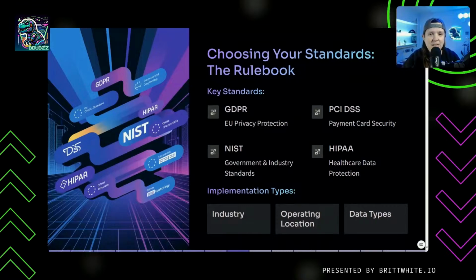Then we have PCI DSS, or the Payment Card Industry Data Security Standard, which is essential for anyone who handles credit card information. It sets the standards for securely processing, storing, and transmitting payment card data. Now, did you notice how the PCI DSS specifically addresses this credit card data for each of the three states of that data? See, now you're learning.